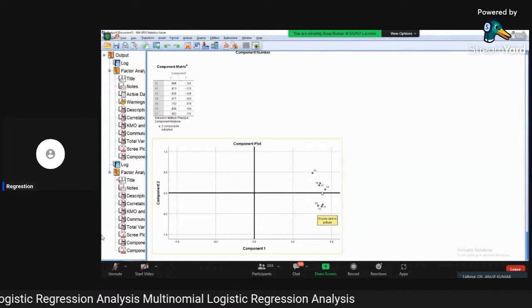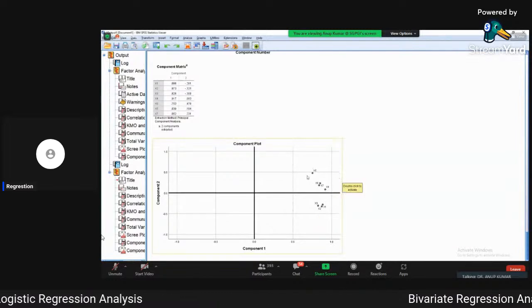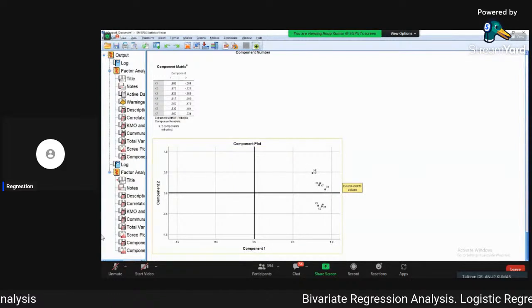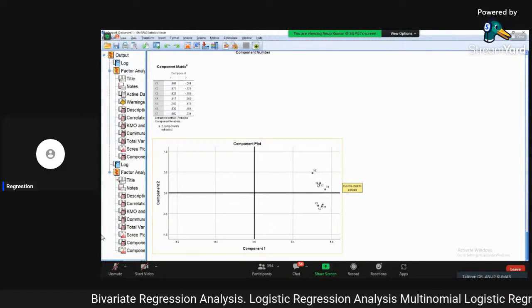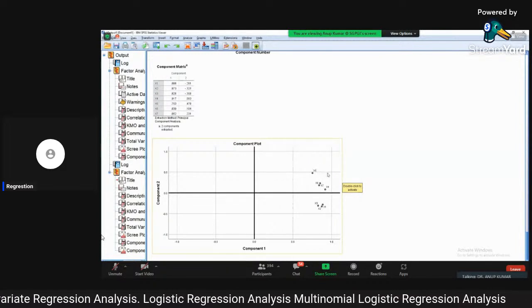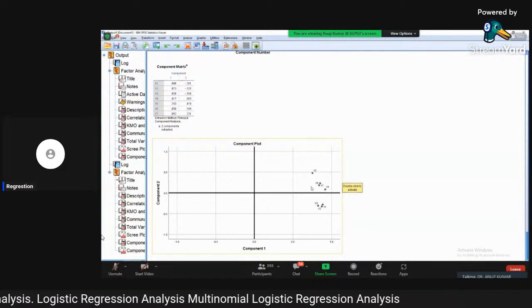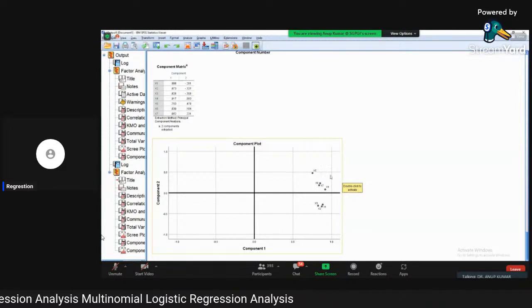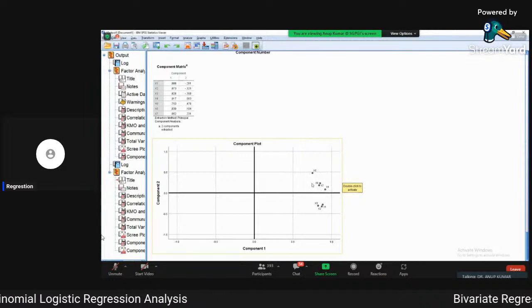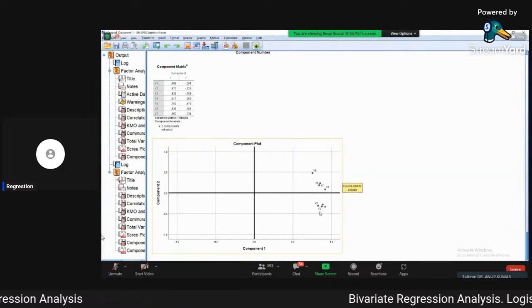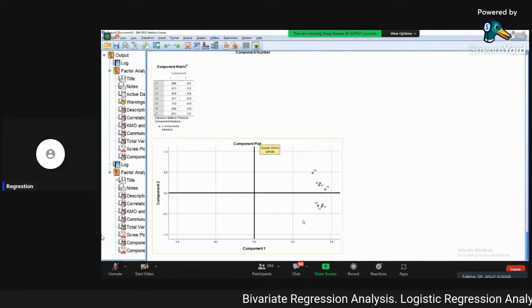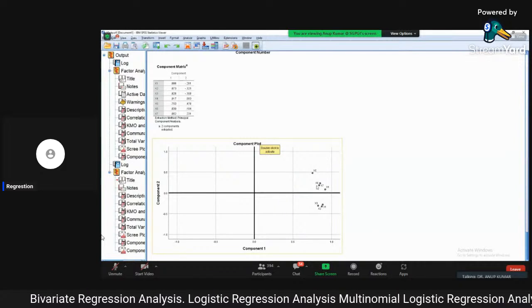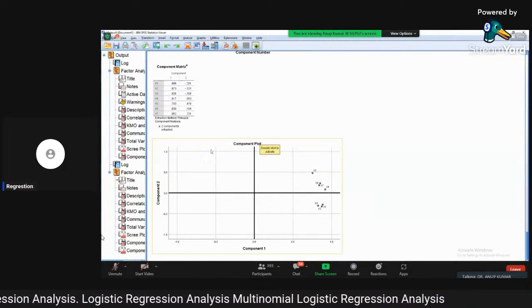But x4, x5, x6, x7 are long running skills, because they are 800 meter, 1500 meter, 3000 meter, and marathon. So these are long running skills. So you can see how beautifully factor analysis has divided the whole set of 7 variables into these 2 hidden factors of the players.